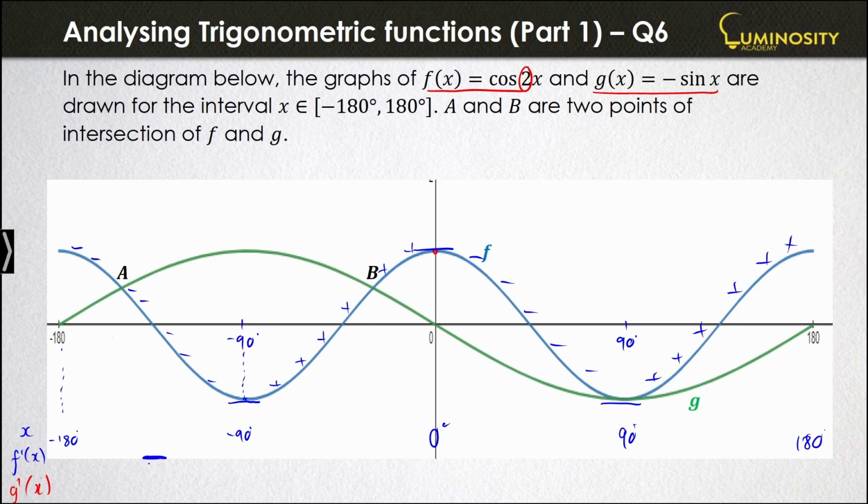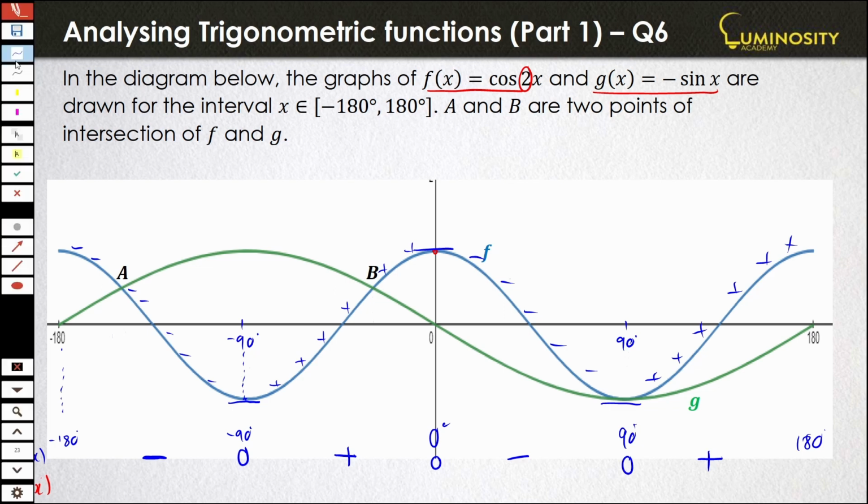Then between negative 90 and 0 degrees, the graph is increasing, so it's positive. Notice at negative 90 degrees, the gradient of the tangent line is 0, and at 0 degrees it is also 0. The graph then decreases, so the first derivative is negative. It's another turning point, so the tangent is 0, and then it increases again, so the first derivative is positive, because the tangent lines are positive.